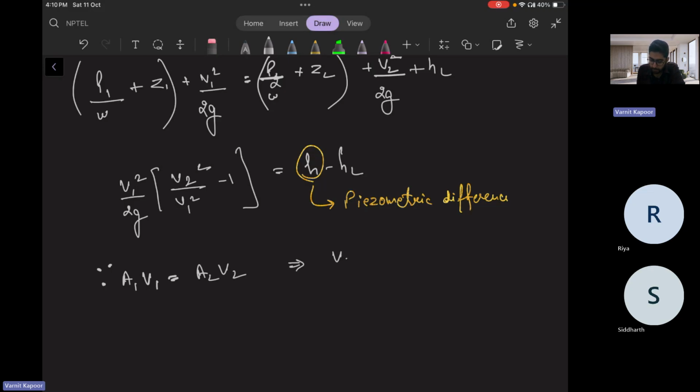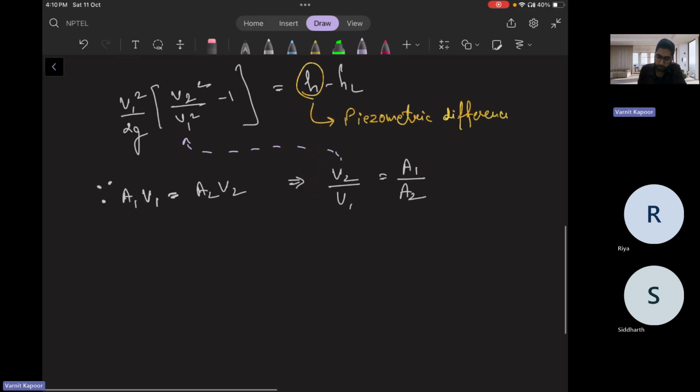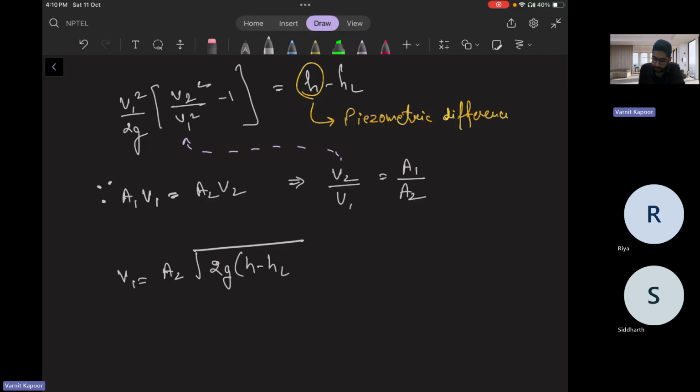So this implies V2 by V1 will be A1 by A2. So put this value here. If you put this here, you will get the V1 value to be A2 into root of 2G H minus HL by under root of A1 square minus A2 square.